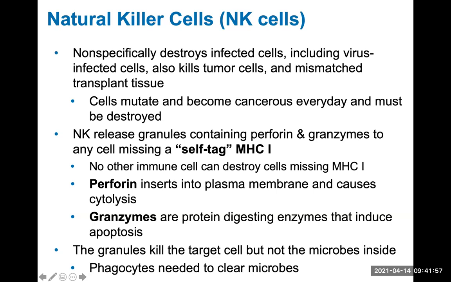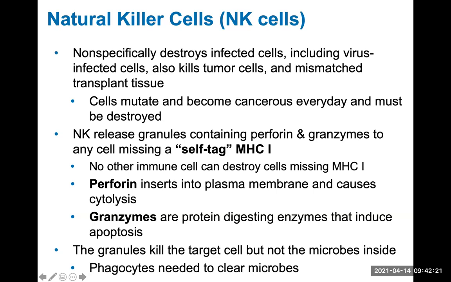So all of your white blood cells have MHC2, and all the other cells in your body have MHC1. And you can think of MHC as a receptor, and I call it the self-tag that says, I'm you, don't kill me. I'm part of the body. I'm a good cell, right?